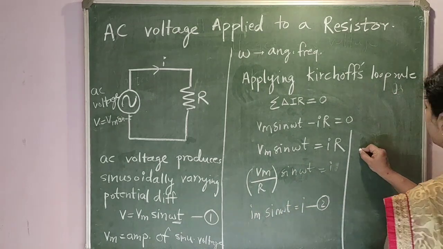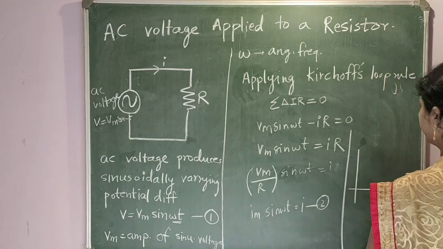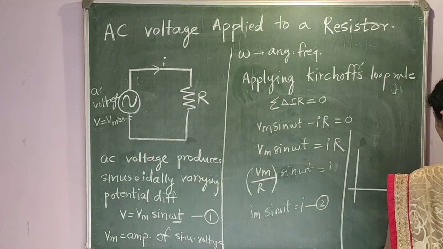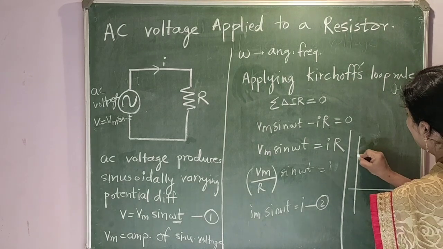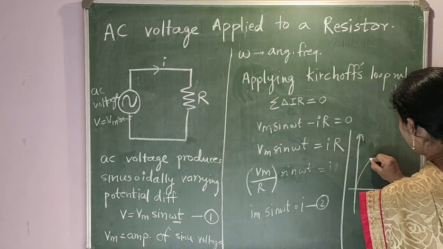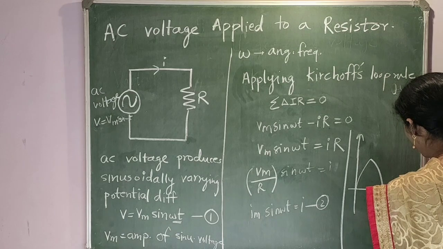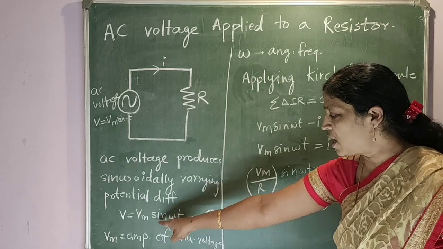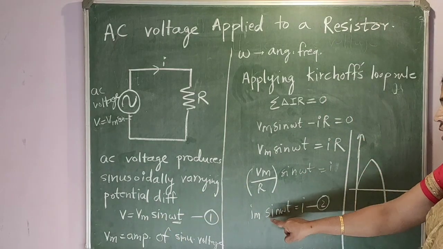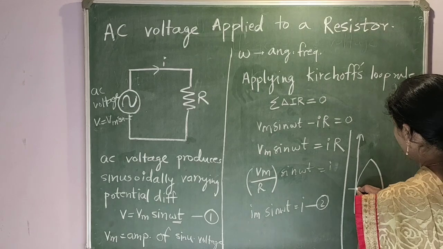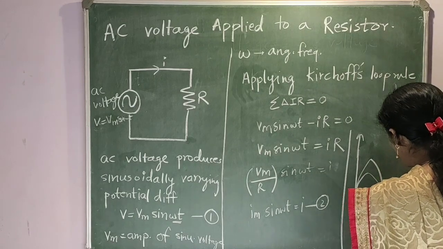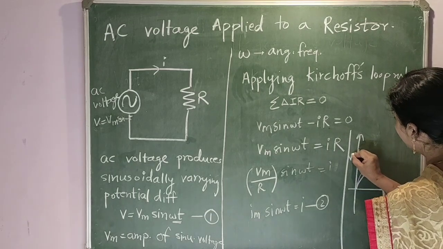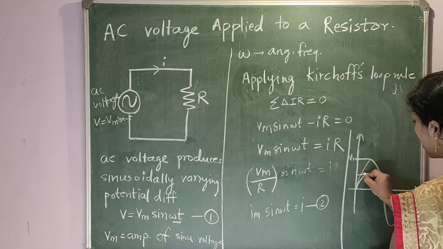If we draw the graph of these two equations, current and voltage both varying with time, I have a graph like a sine wave, because the voltage Vm sin omega t varies sinusoidally. The current equation also varies sinusoidally, and you can see that the maximum amplitude of current is smaller than the maximum amplitude of voltage. This is represented by Vm and this is Im.